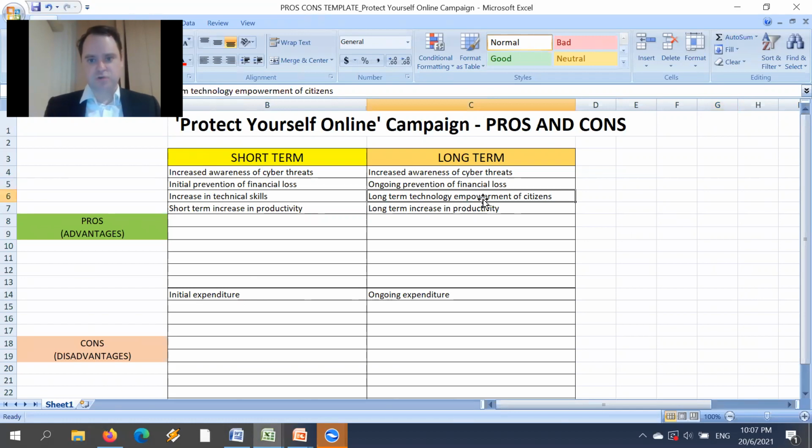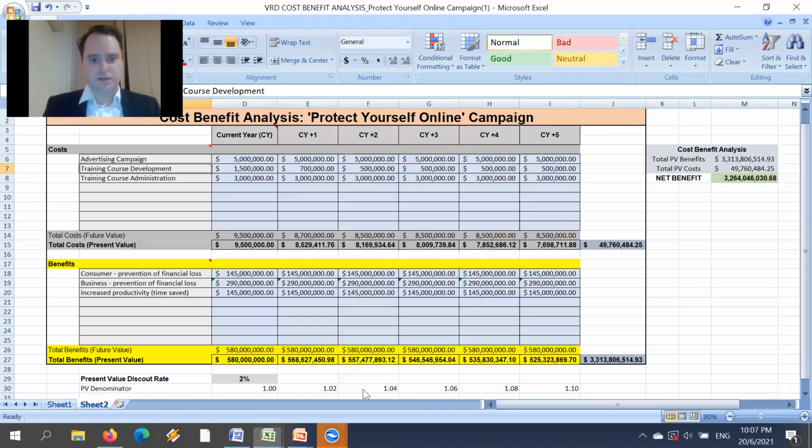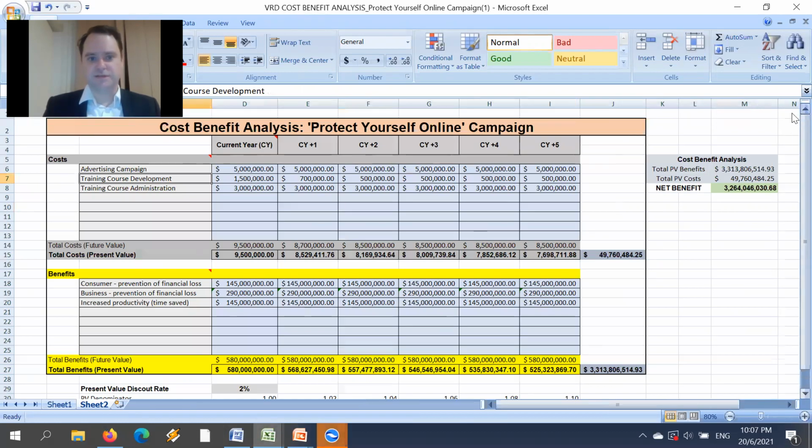So I could have this short little table, or I could even go further and perhaps do an in-depth cost-benefit analysis. Now, this is not required when you're forming policy because they are still up for discussion. Someone else may have better information than you, but just for the sake of an example, this is a cost-benefit analysis, a very simple one.